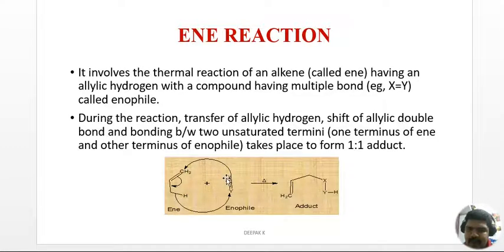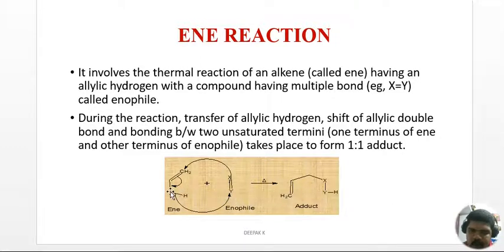One between this carbon and the X group, and another between Y and the proton. So you can compare it with a Diels-Alder reaction, and also you can compare it with a 1,5 sigmatropic shift, because this is your sigma bond which is undergoing rupture, and where is this proton going? To this Y.